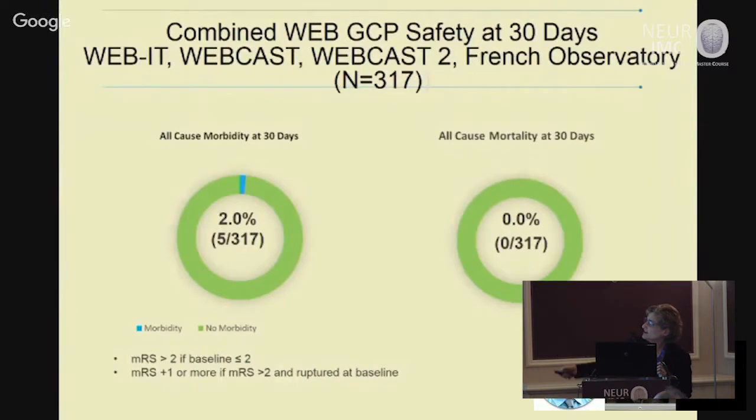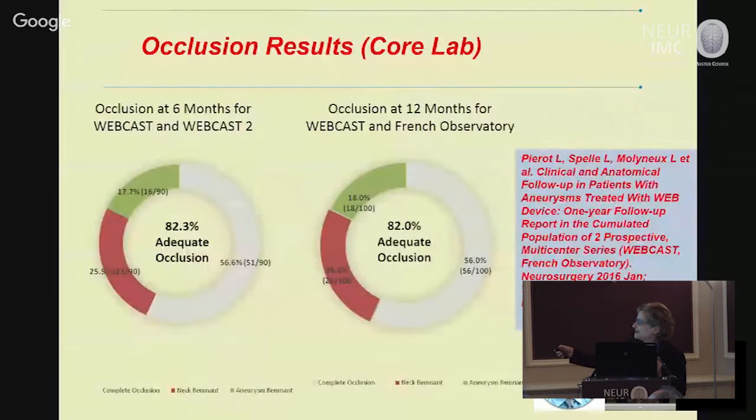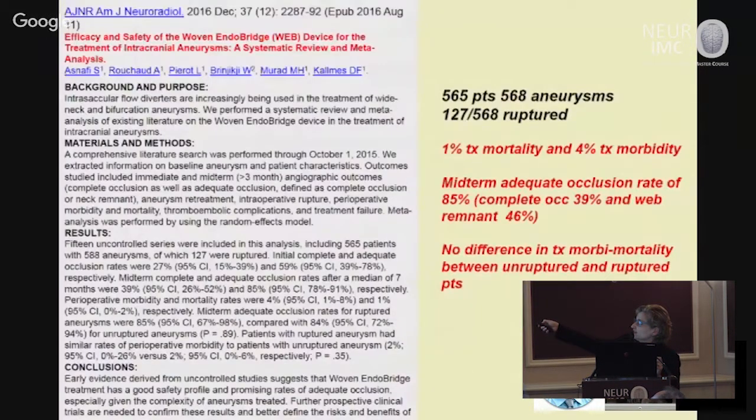In the meta-analysis, treatment mortality is 1% and morbidity is 4%. No difference in ruptured versus unruptured, and the adequate occlusion rate is 85%. Adequate occlusion is complete occlusion only in around 40%.